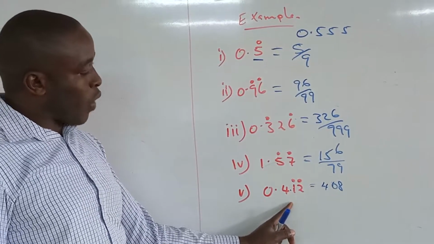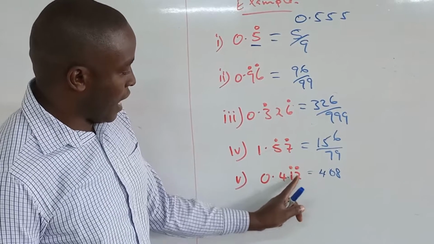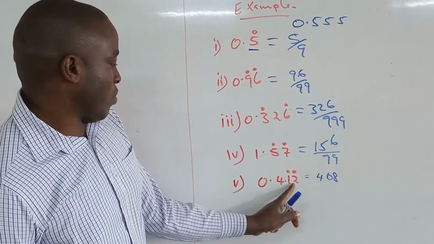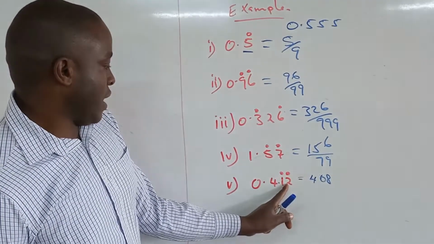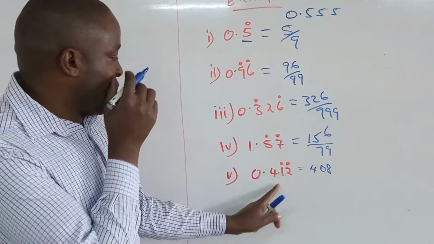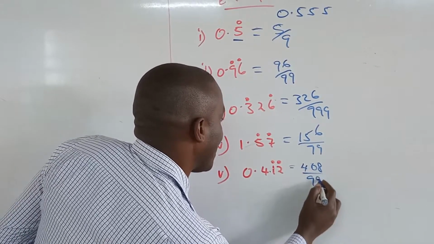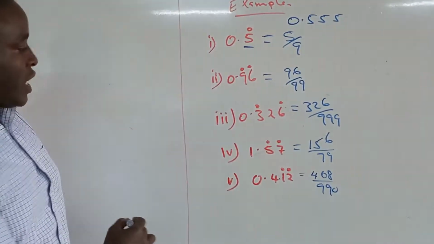For you to have also 1, 2, 1, 2, the other one is 1,000. So 1,000 minus that, it's 990. So we shall have 408 all over 990.